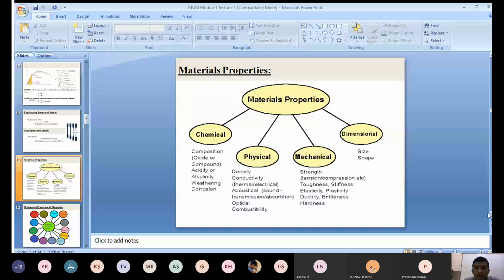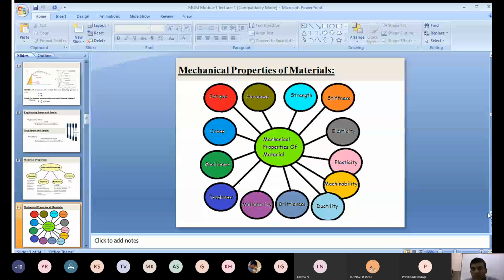This is the first question I asked, right? Some of the mechanical properties are strength, stiffness, elasticity, plasticity, machinability. Machinability means converting the raw material into a semi-finished or finished product. Next, ductility, brittleness, malleability, toughness, resilience, creep, fatigue, and hardness.